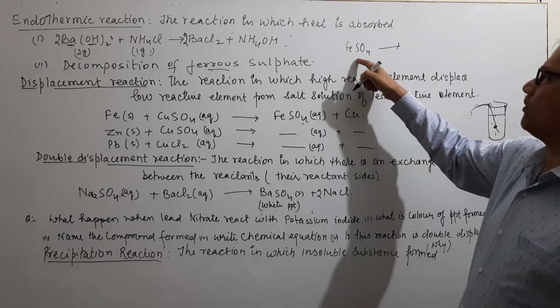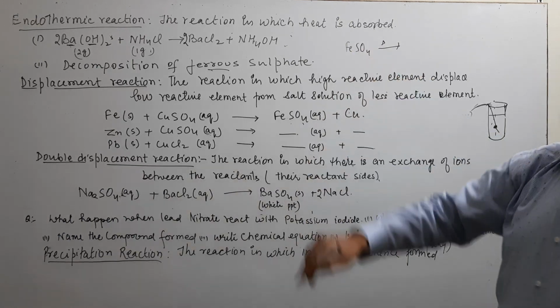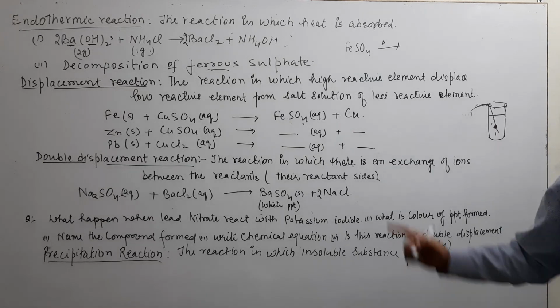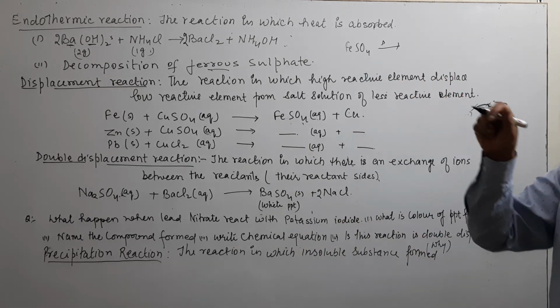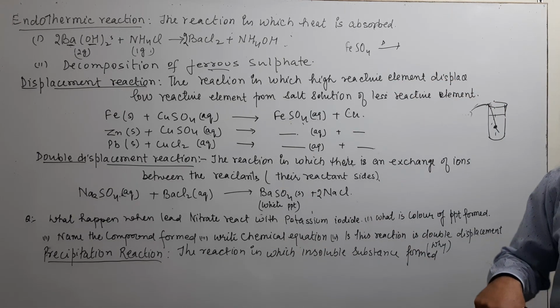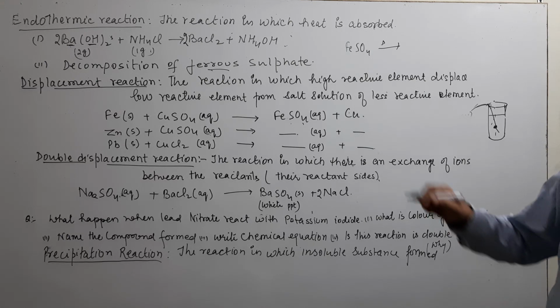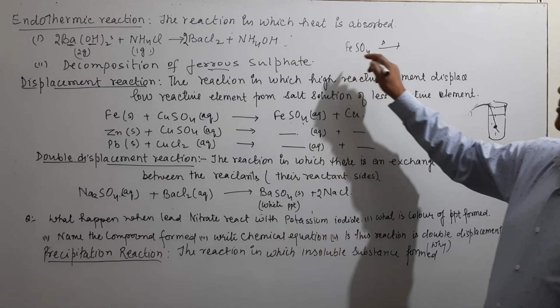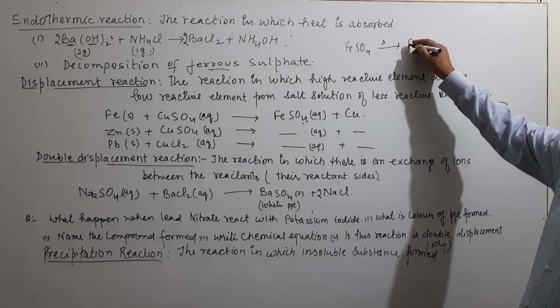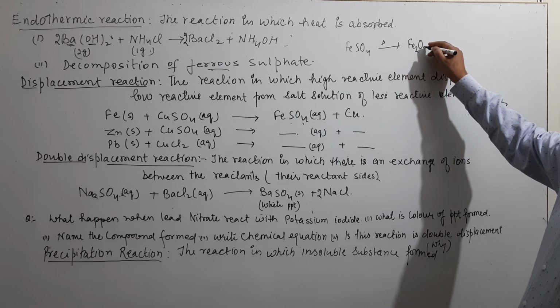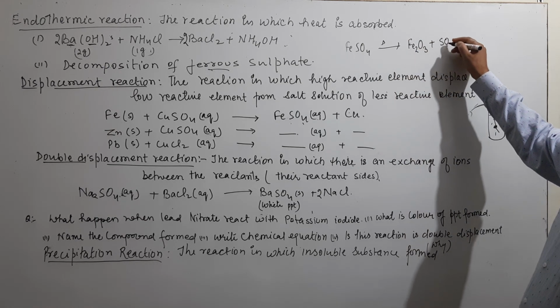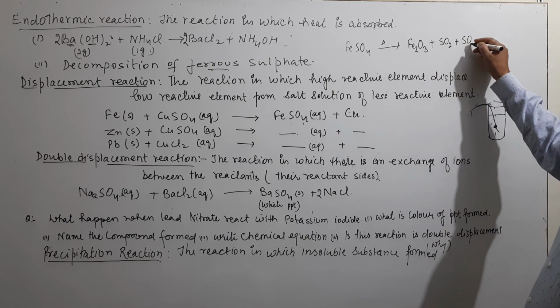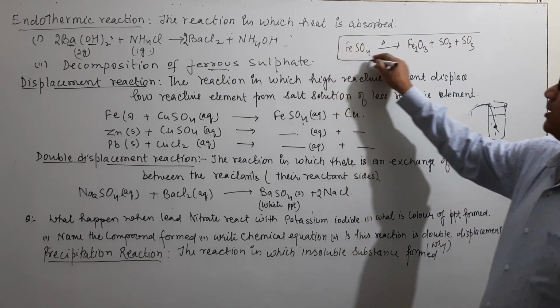Decomposition of ferrous sulfate takes place in the presence of heat, meaning ferrous sulfate requires heat to break down. Now that compound needs heat to break down, and it will split into Fe2O3 plus SO2 plus SO3.